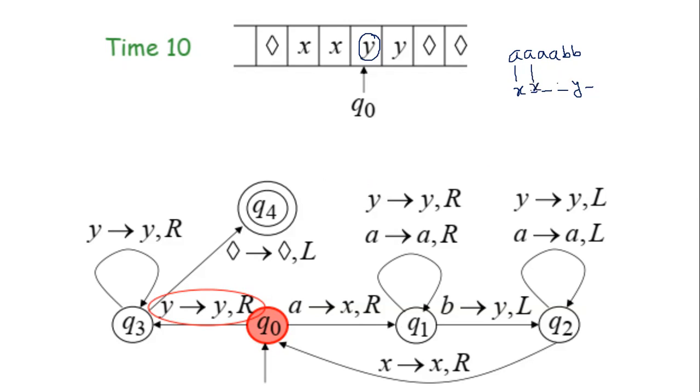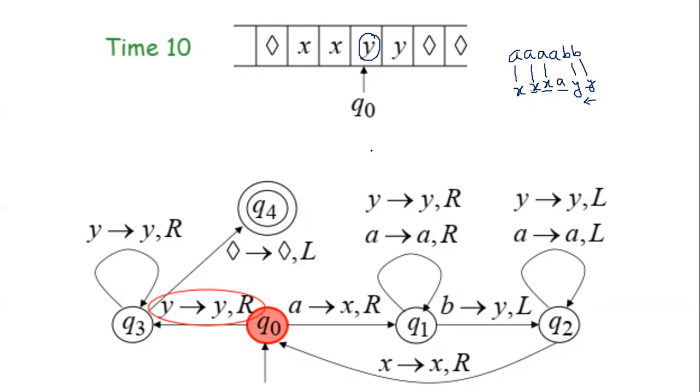And we have already seen that it will easily skip this Y part, and it will change the second B to Y. And what will happen? I'll go to left again, and I'll find the third A that now will be converted to X, and I will keep this A as it is, and then I will go over here where I will not be able to find a single B, right?